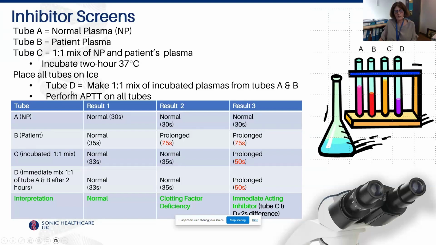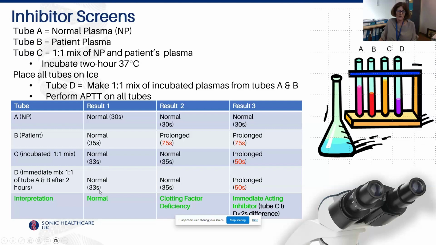And then we make tube D, which is a mixture of tubes A and B, normal plasma and patient's incubated plasma. And then we do an APTT on all those tubes. So if the results for A, B, C and D are all within the normal range, we haven't been able to show an inhibitor present in that patient sample.